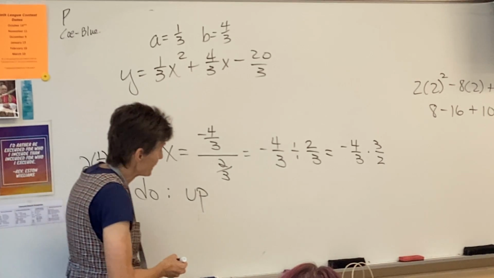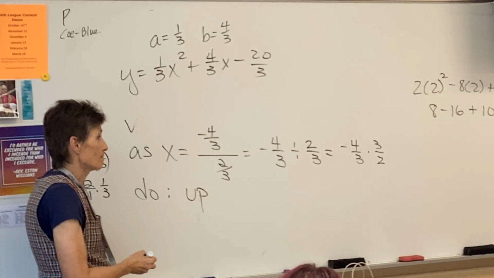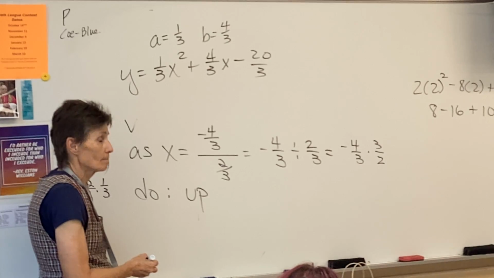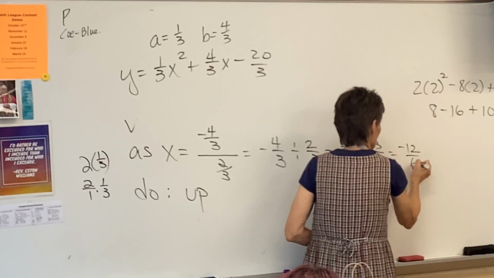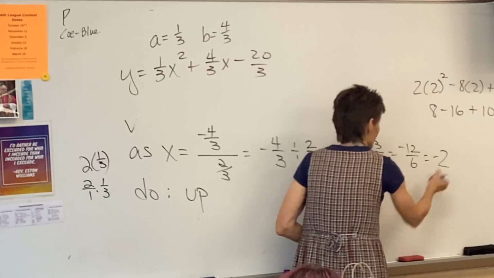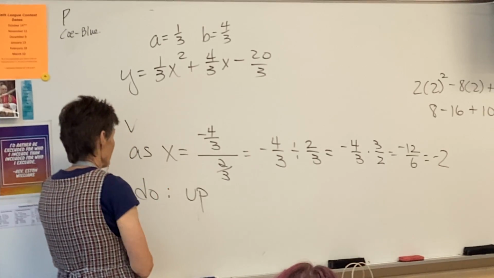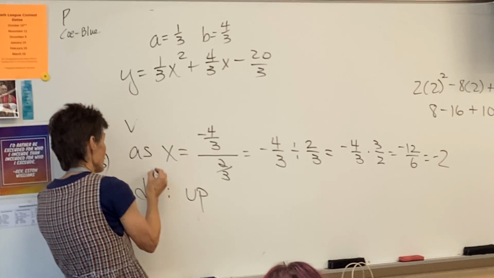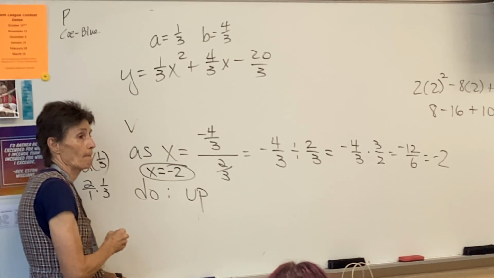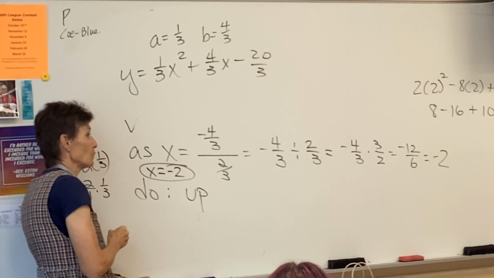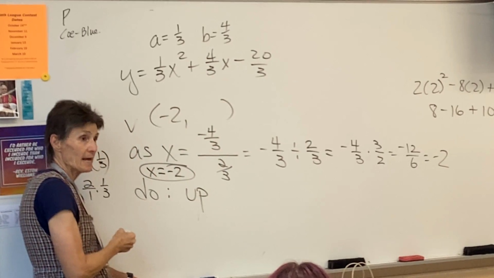What's negative 4/3 times 3/2? Negative 12 over 6, which is negative 2. So our axis of symmetry was x equals negative 2, which means the vertex is negative 2 comma.